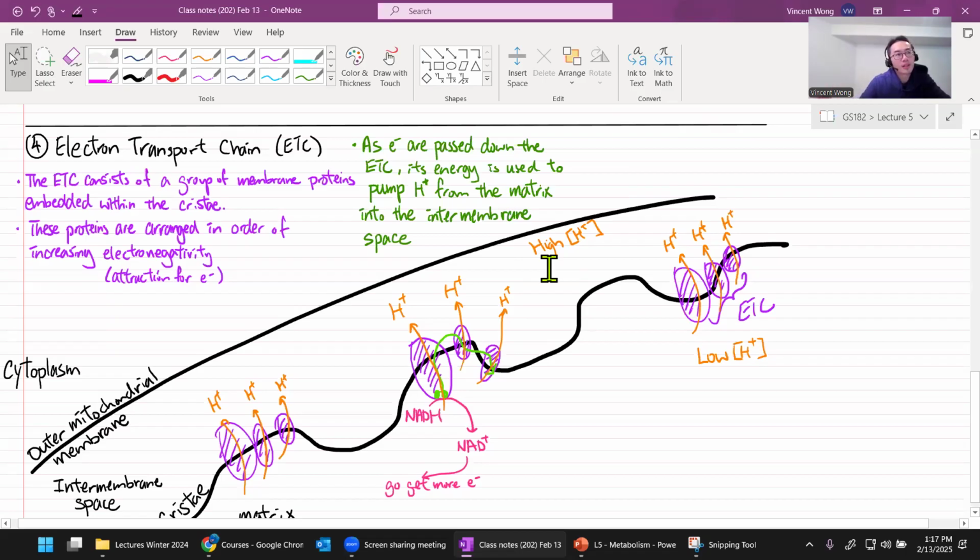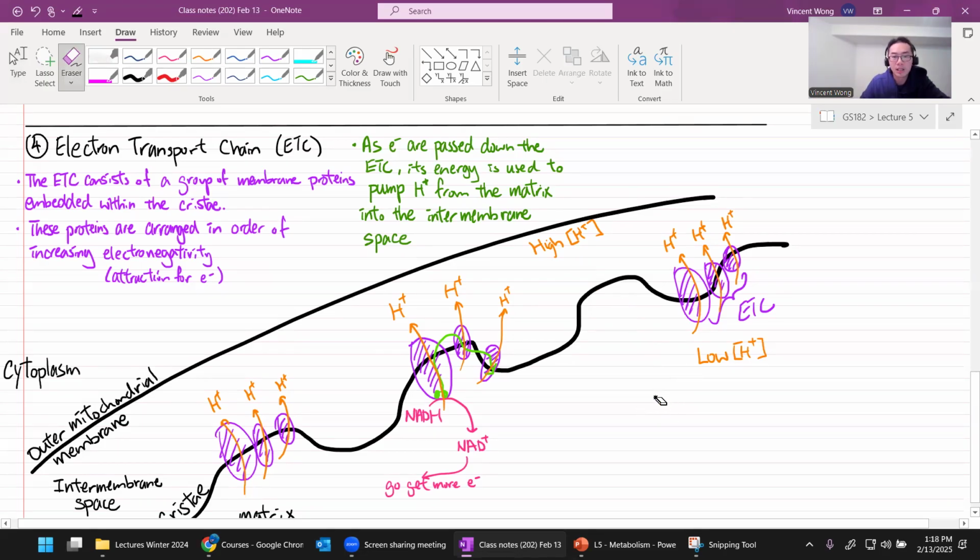Well, if you think about the things we learned regarding diffusion, you might remember molecules tend to go from high concentration to low concentration on their own, right? And that's what they want to do. The H+ being built up in the intermembrane space wants to get as far away from each other as possible, and they really want to come back into the matrix.